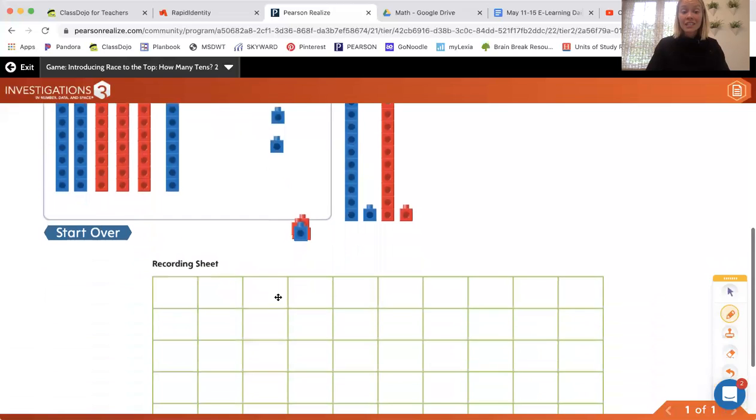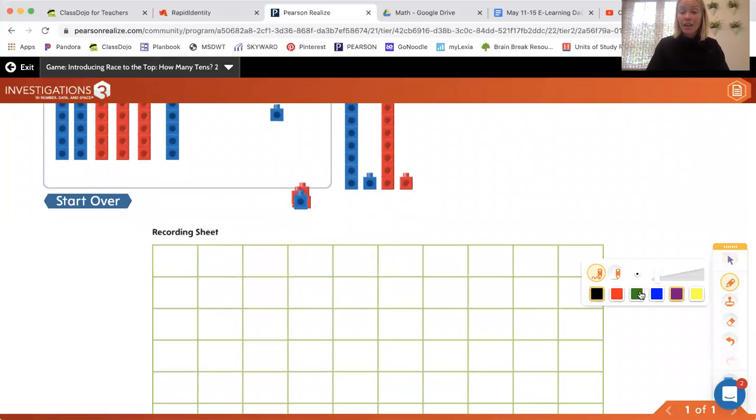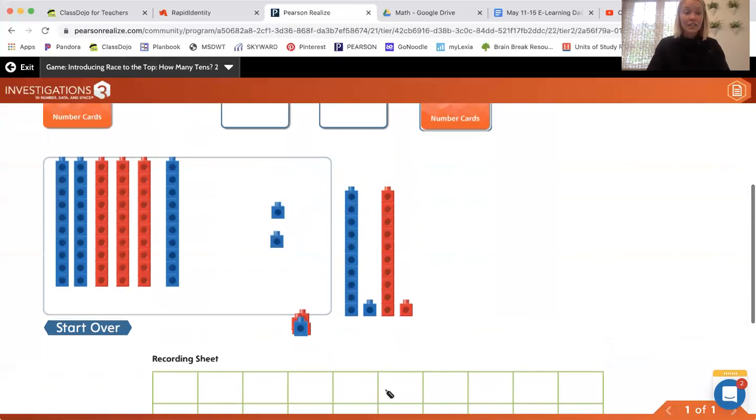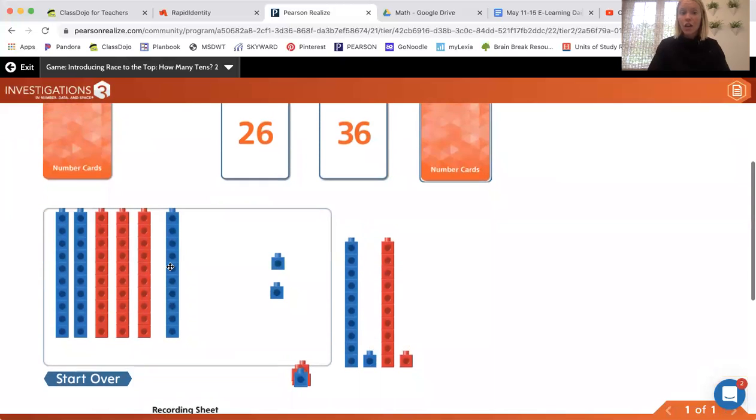So we have 62. And when we come down here, 62 has 6 groups of 10 in it. And that's where we see here, 1, 2, 3, 4, 5, 6 groups of 10. So for this problem, we counted our ones first, and we ended up having to make another group of 10.